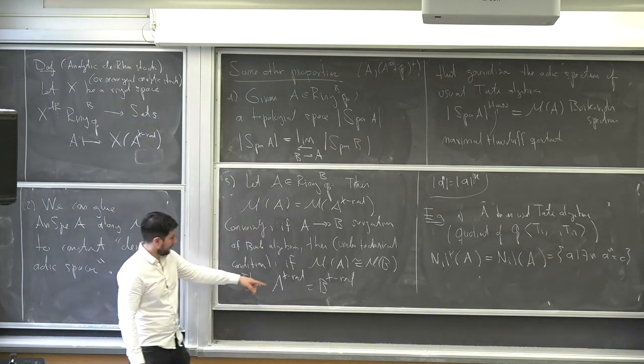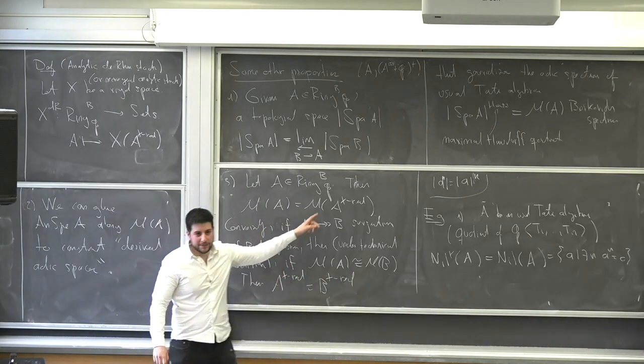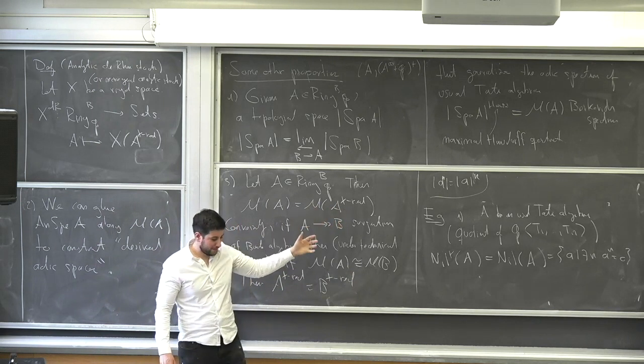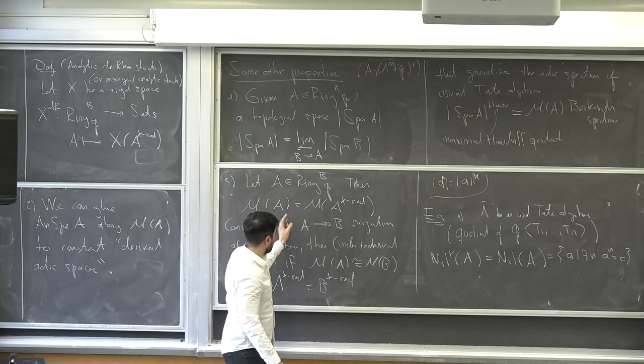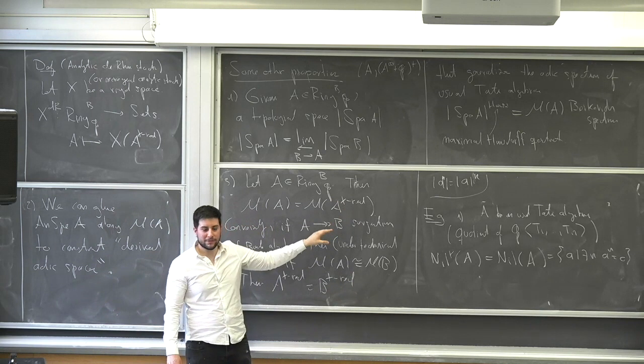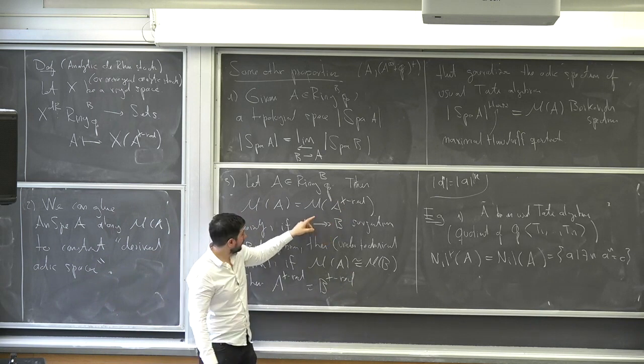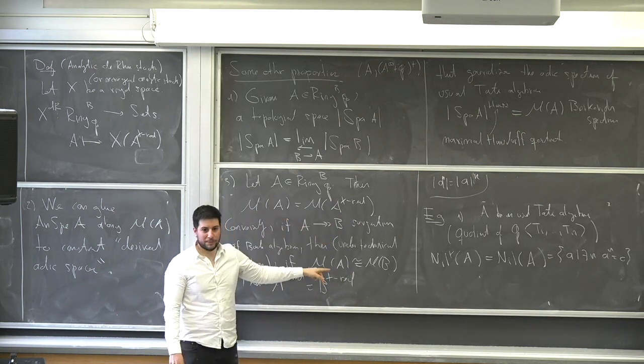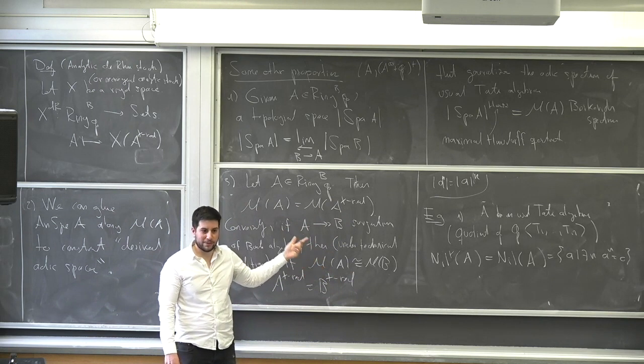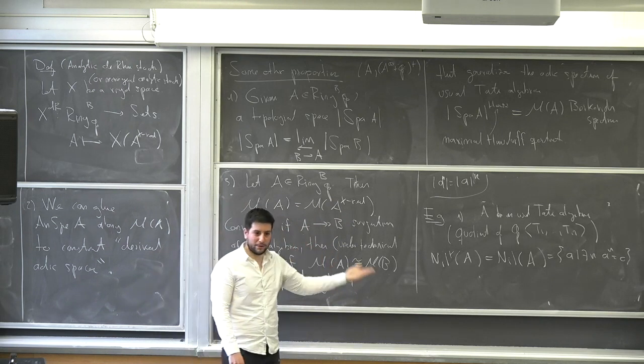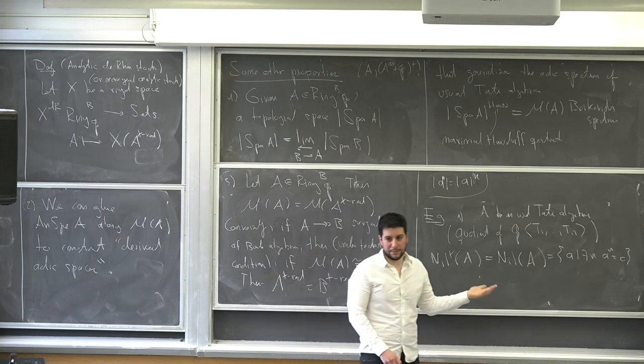This means that this reduction is the maximal quotient of A in this world of bounded rings that have the same underlying space. So this is something similar to the case in algebraic geometry: the reduction is the maximal quotient of the rings that have the same spectrum.